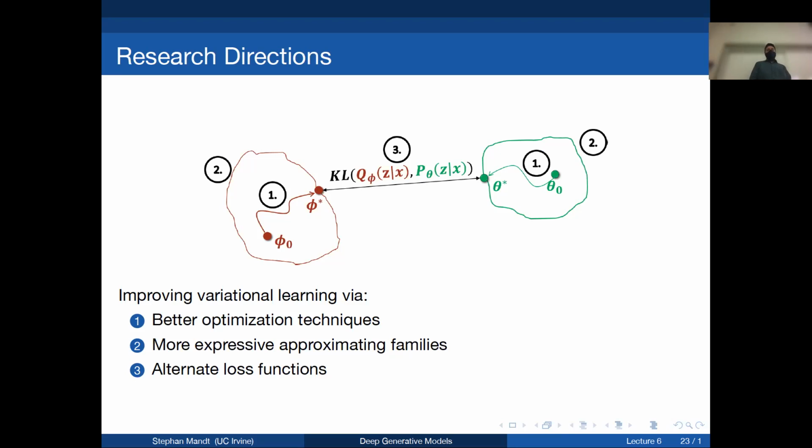First of all, you can improve the optimization techniques used in variational autoencoders. You can work with more expressive variational families, better Q functions, or come up with alternative loss functions that might have interesting different properties. And we'll talk a lot about hybrid methods between variational autoencoders and, for example, GANs in later parts of this lecture.